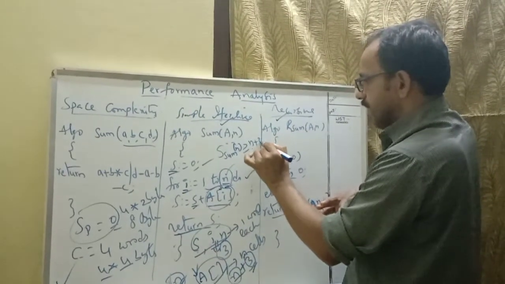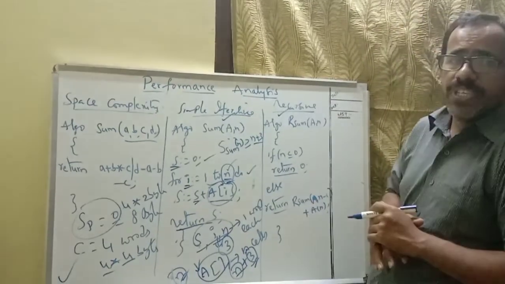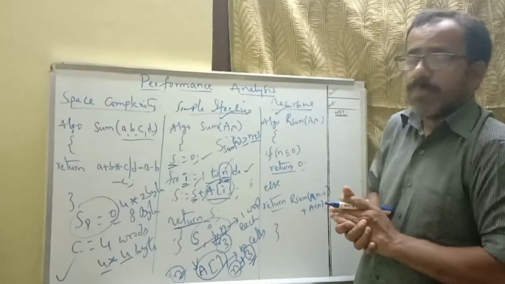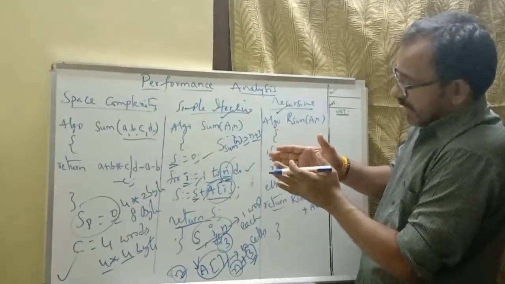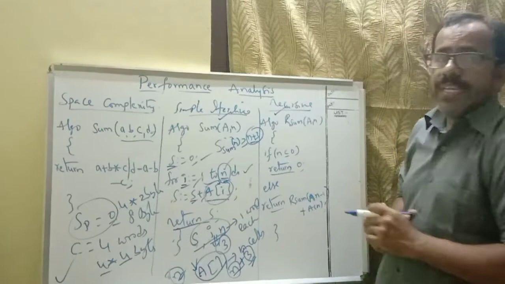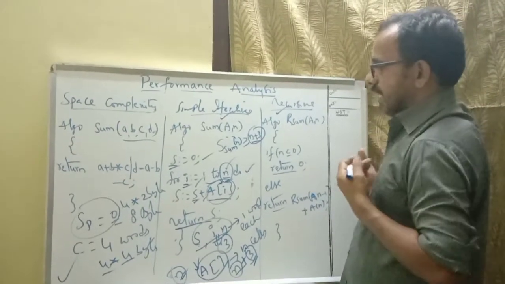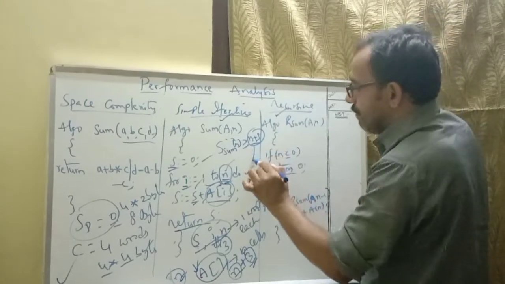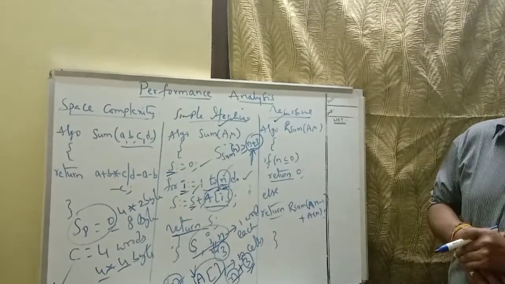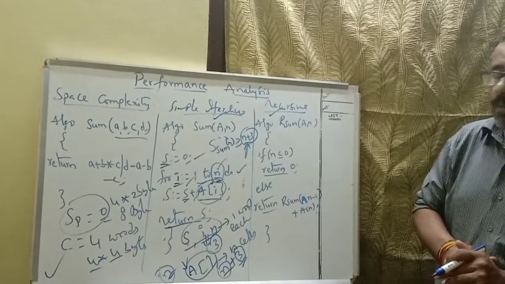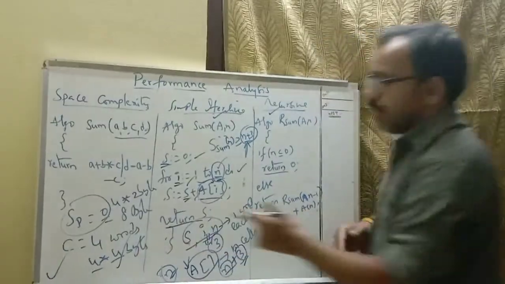This n plus 3 is for the simplest iterative procedure, but we cannot always expect one for loop or one statement or one array in the program. But if one for loop is there and only one array is involved, then the minimum number of cells required is n plus 3. So I am going to generalize here, because any iterative procedure requires a minimum of n plus 3 cells. So this is about the simplest iterative procedure's space complexity.